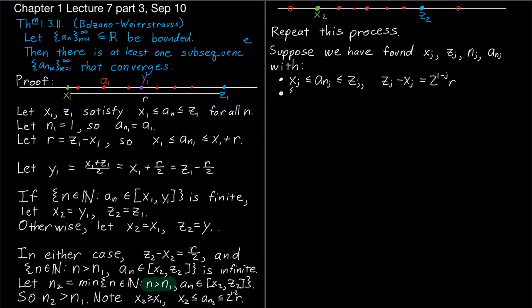And the set of all natural numbers n such that a_n is in the interval from xj to zj, and we might as well insist that n is bigger than n_(j minus 1), throwing out finitely many numbers won't hurt, is infinite.